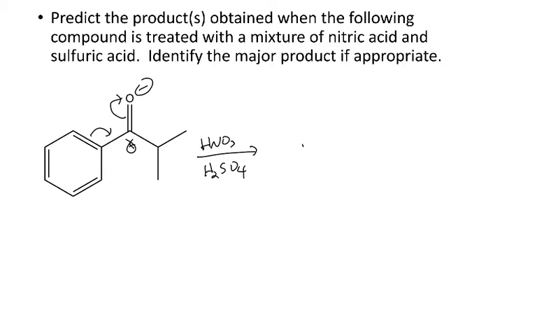And so I'm going to add my nitro group in the meta position. And there's only one product in this case, so I don't need to worry about the major or minor products.